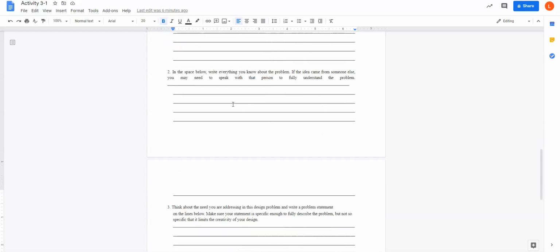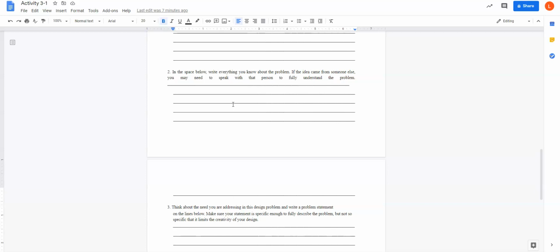So that would be what I would write for number one if I was doing my headphones. So in the second question, in the space below, write everything that you know about the problem. If the idea came from someone else, you may need to speak with that person to fully understand the problem. So you should be coming up with this idea on your own. In order to do that, you just need to look around. Pick a room in your home and just think about the problems you've had with anything in that room.